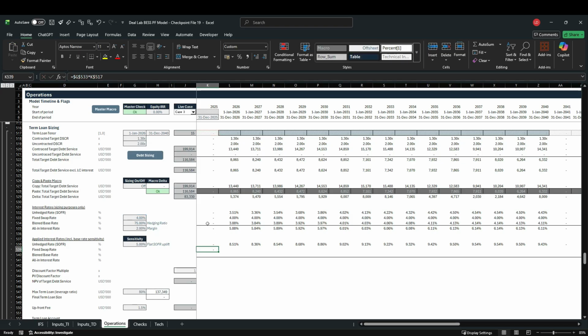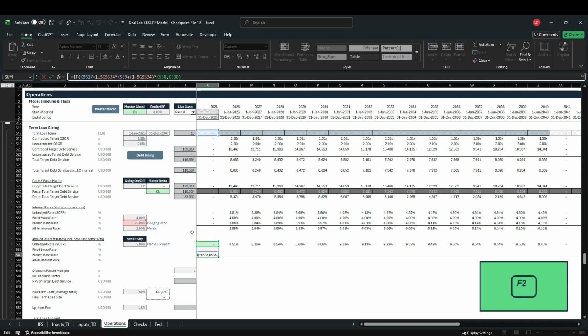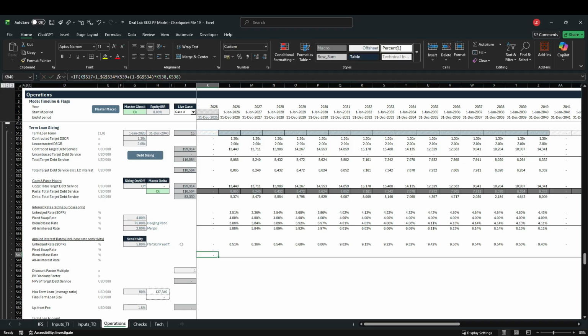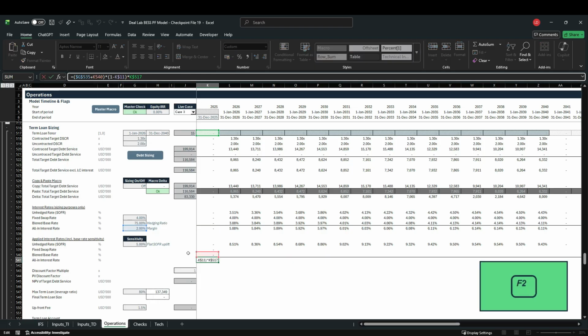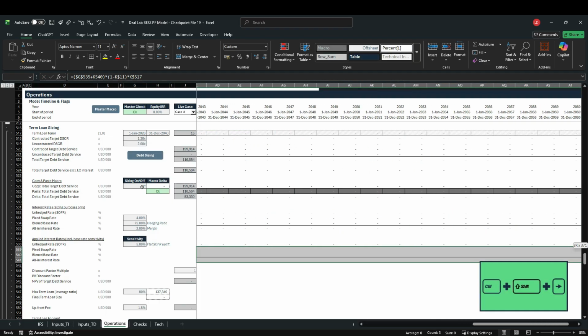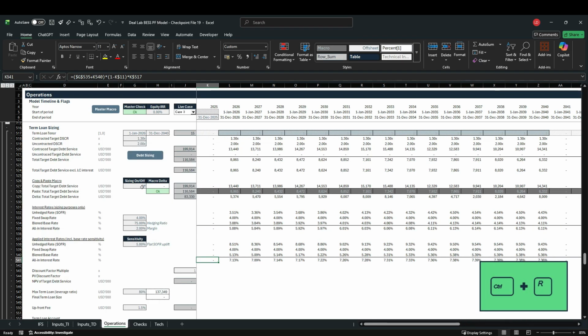And then let's also pick up our blended base rate formula right here, hit Control C, Control V, F2. And here the references seem also to have been picked up properly. And then we should be able to do the same for our all-in interest rate. Copy this, paste it here, F2. And here the reference also seems to be correct. Drag all of this over, Control R.